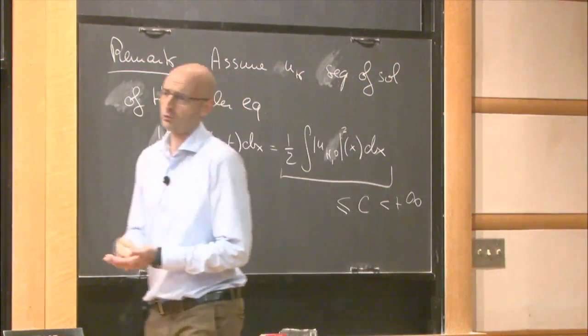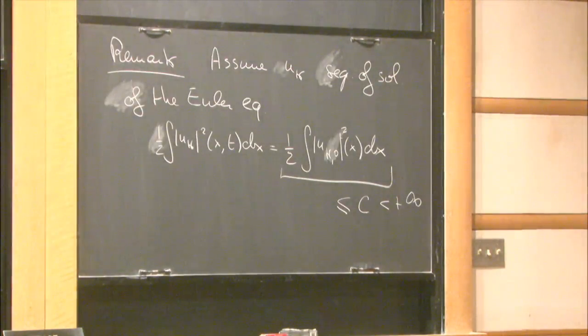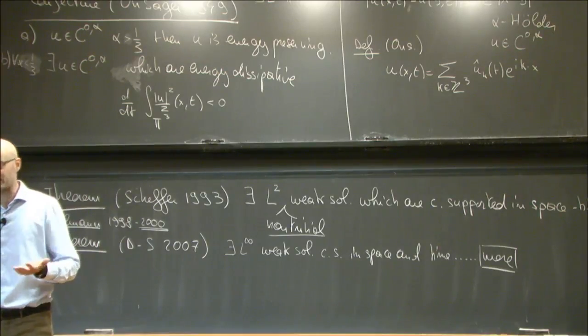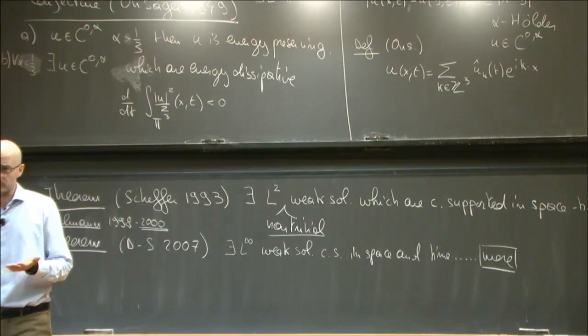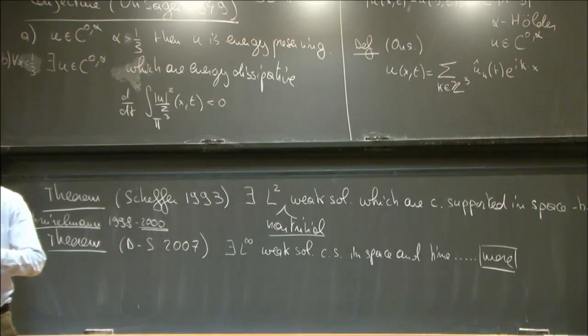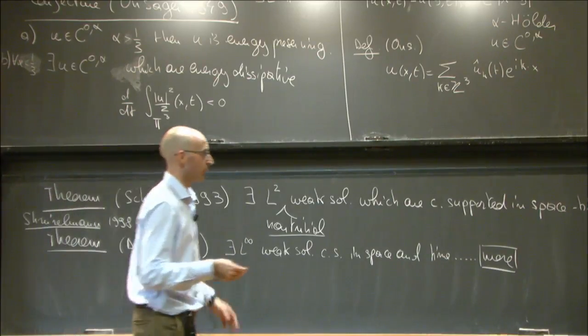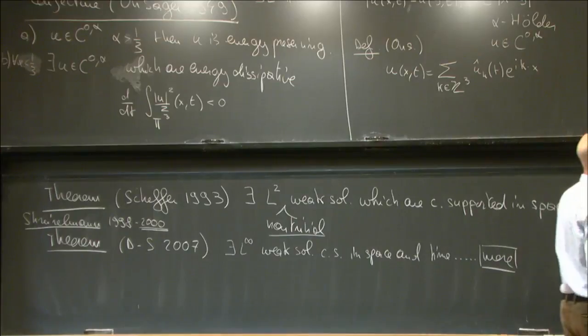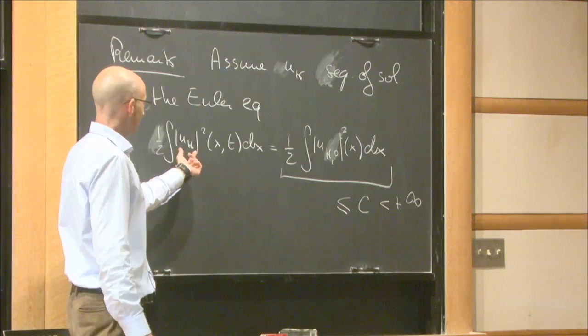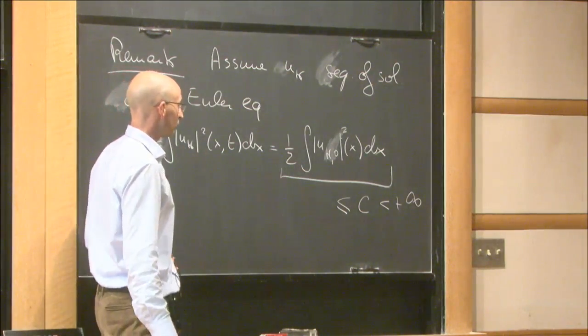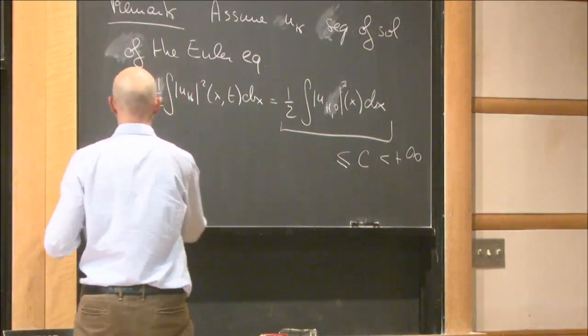Then you have a uniform L2 bound for your solution. And in 3 dimensions, this seems to be the only information which is available. You have other conserved quantities that you can write down from physical considerations, but they don't seem to give you any other kind of bound which you can effectively use to control what is happening to the limit.